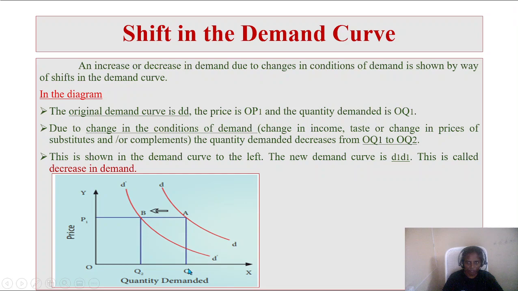So from which point to which point will it go down? From the point 0 Q1 level to the point 0 Q2 level. So this is the difference in the quantity demanded. At that time, the demand curve shifts lower.